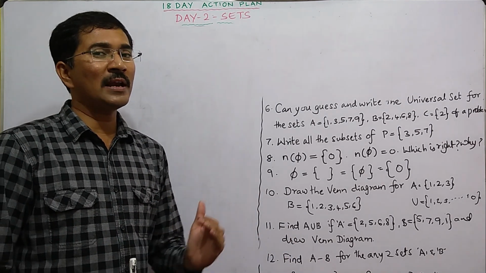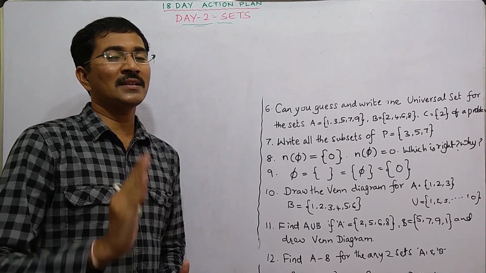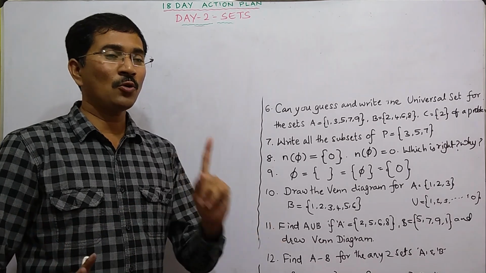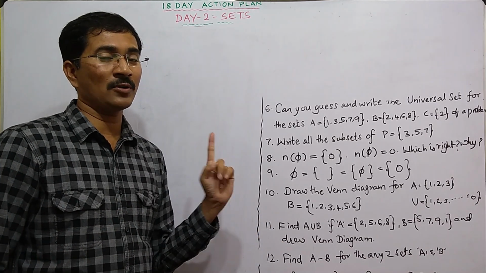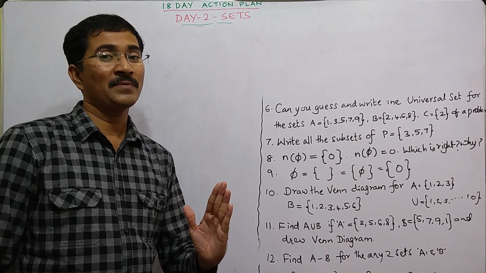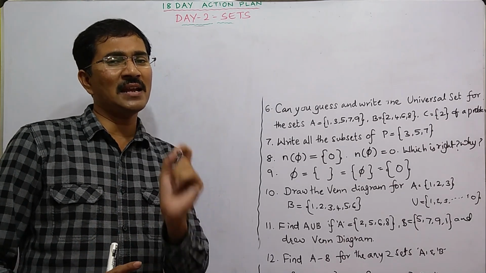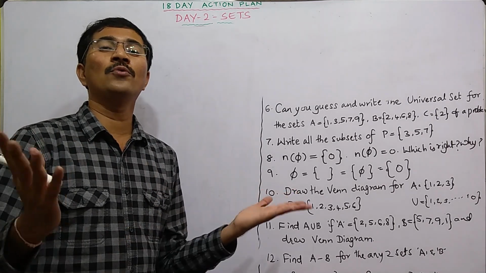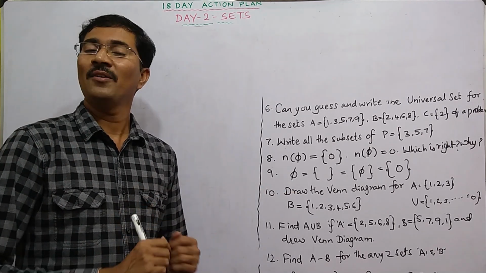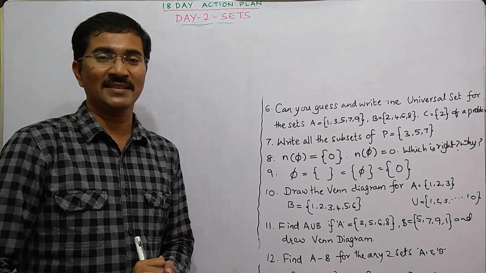So if you ignore a loose ball, you are really losing a lot. So please concentrate on this chapter. Though considered easy, it is not really easy if you ignore it. And if you really concentrate a little bit, it is a boon for you. A loose ball which you can convert into a sixer.